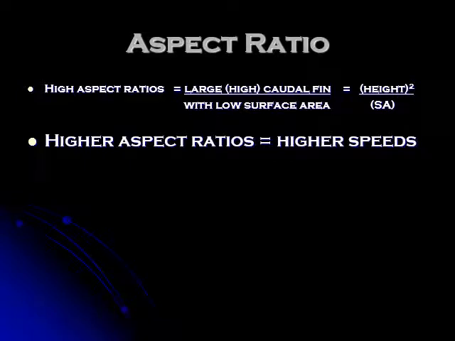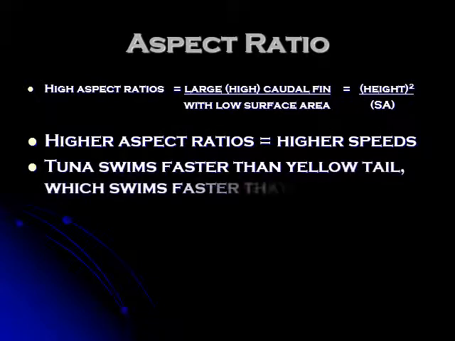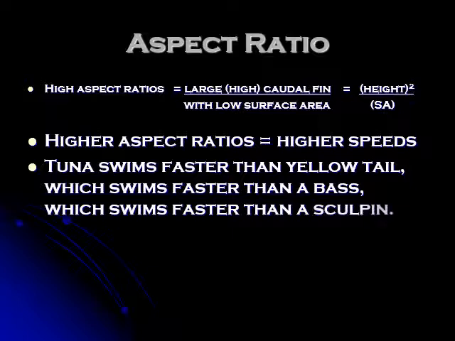So higher aspect ratios equate to higher speeds. Tuna will swim faster than yellowtail, which will swim faster than a bass, which will swim faster than a sculpin. So that is the aspect ratio.